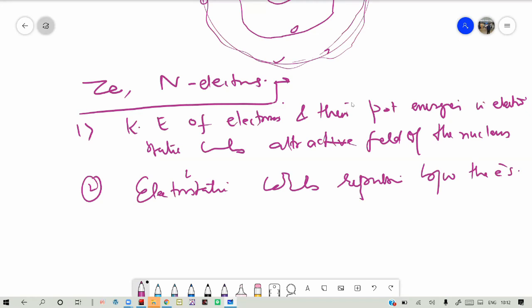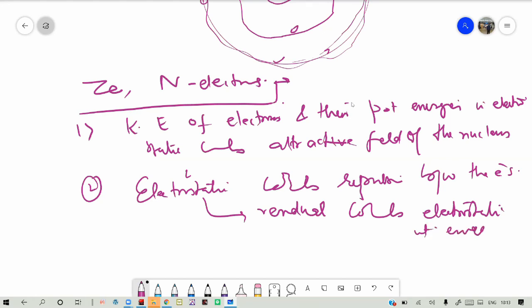Another is electron and electron. This is also sometimes called residual Coulomb interaction, the electrostatic interaction energy.